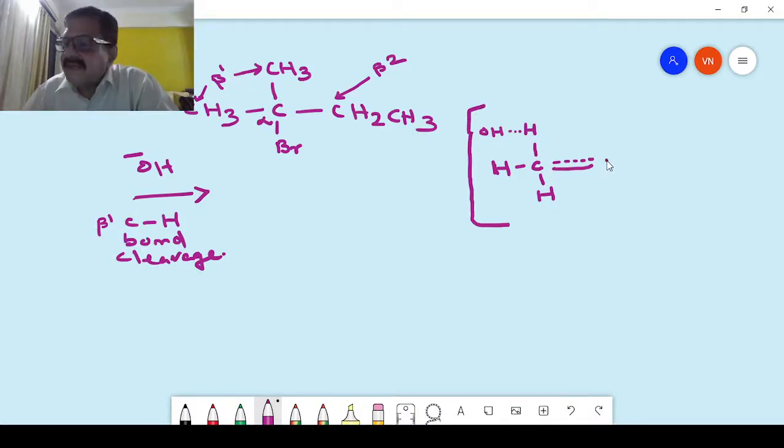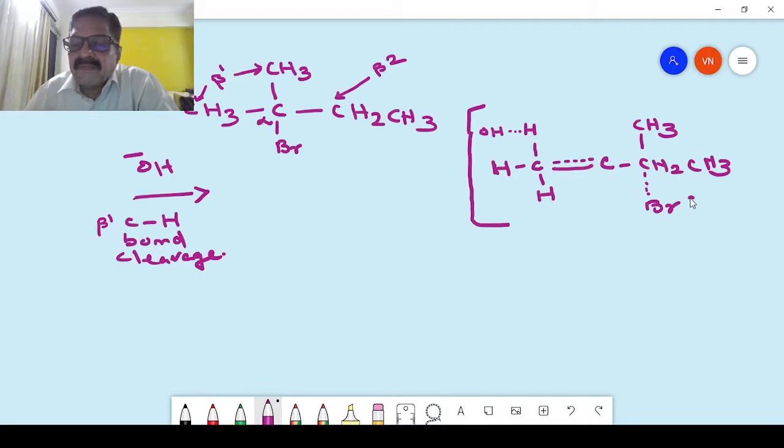Then we have C, Br, with a partial negative charge here.